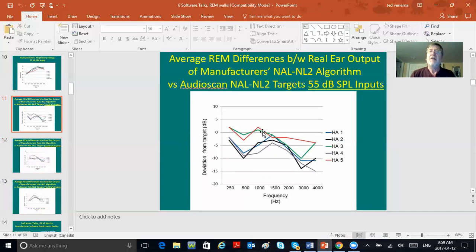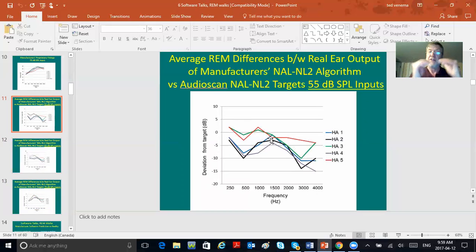You can see that for 55 dB SPL inputs, all 5 manufacturers here, now the red is no longer NAL2, it's just given to one of the manufacturers. All 5 hearing aid manufacturers are generally doing less. Their targets are less, even though they're using NAL2.